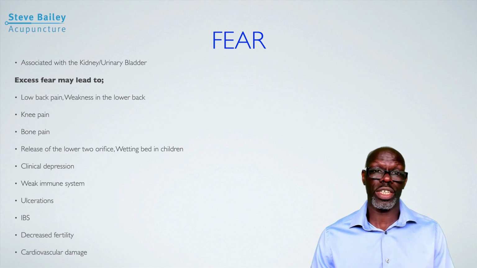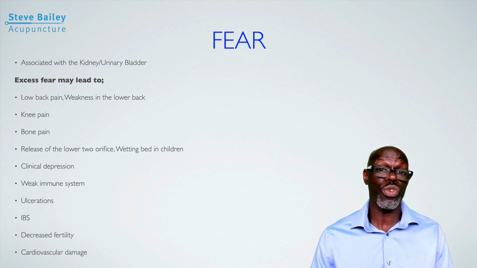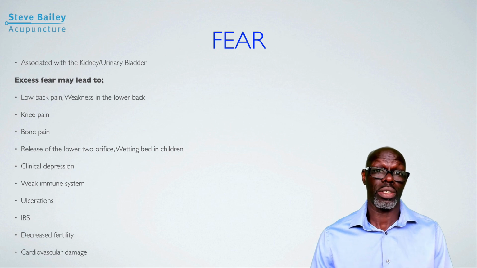So those two orifices are controlled by the actual kidney itself. Now, you need to ask yourself a question. If you scare them enough, what symptoms do you think will actually start to happen? And one key thing is, if you scare somebody sufficiently, they will urinate and also defecate at the same time. So therefore, it's going to have a strong effect on the kidney and then cause them to do that.